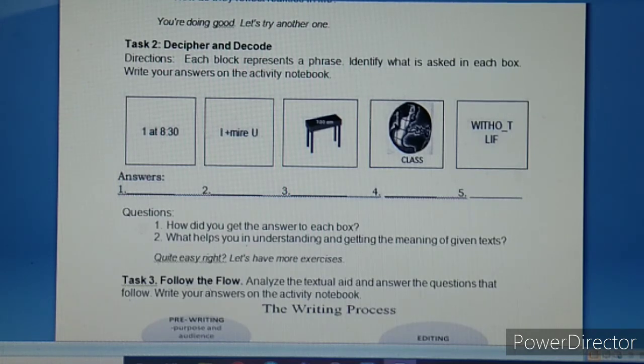Without, which has no you. Without you, and life without E, which is incomplete. The correct answer is without you, life is incomplete. See? The word without has no you. And then life is incomplete because it has no E. So those are the correct answers for blocks 1 up to 5. I hope all of your answers are correct.